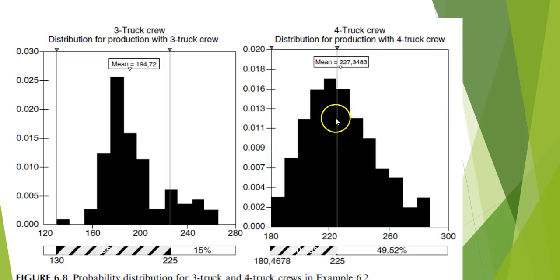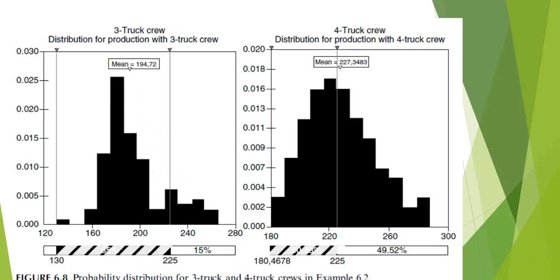If you look at the 4 truck situation, you'll see that for that 225 production, again, you've got around 15% where that curve's going to be coming down through here. Remember, the curve you're going to be using isn't the steps, it's a curve that's going to be fit along the data bars like this.